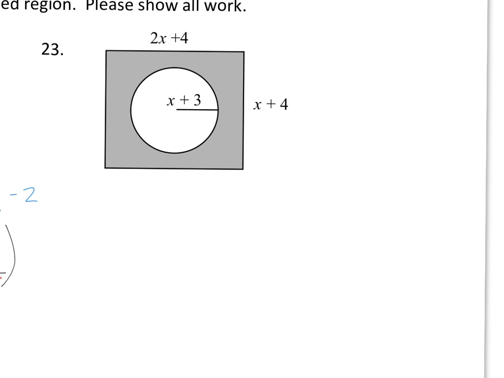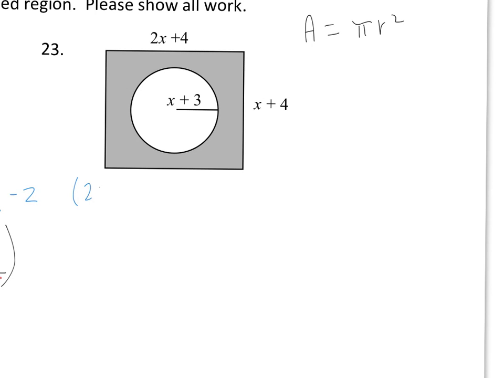Number 23 is similar to 22 in that I still need to find the area of the shaded region, but now it appears we have a rectangle, and inside the rectangle is a circle. So let's remind ourselves what the formula for area of a circle is, and that is pi r squared. So let's first go ahead and find the area of the outer rectangle.